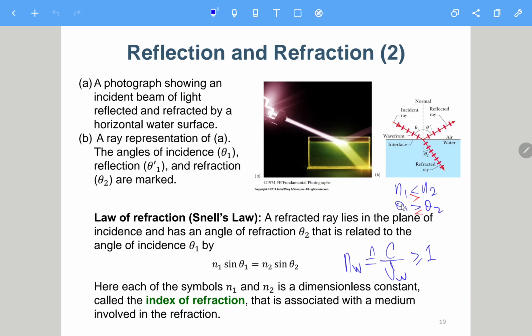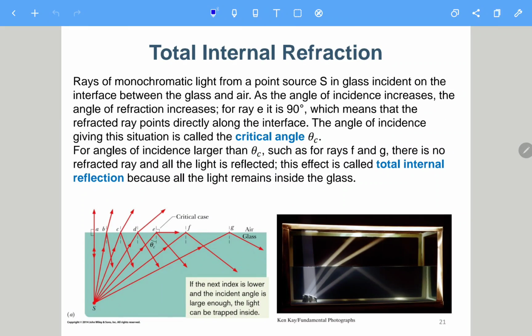So if theta 1 is large enough, and then you plug in this equation, there might be some problem. Now we have n1 sine of theta 1 equals n2 sine of theta 2. Now we suppose n1 is larger than n2, and then we would like to find sine of theta 2 equals sine of theta 1 times n1 over n2.